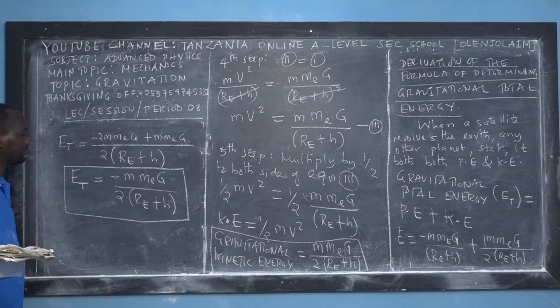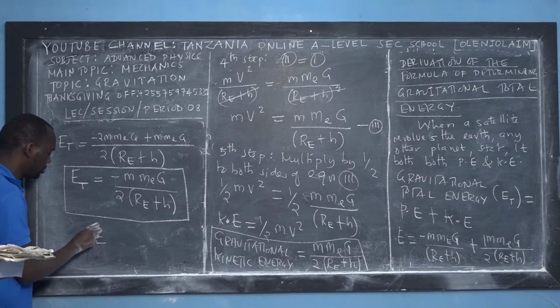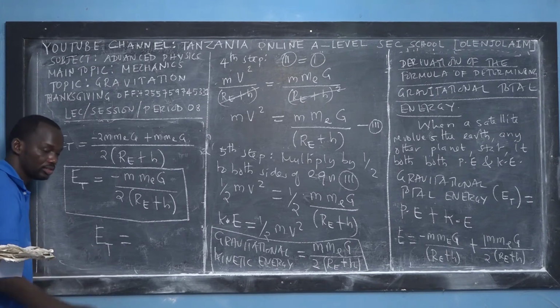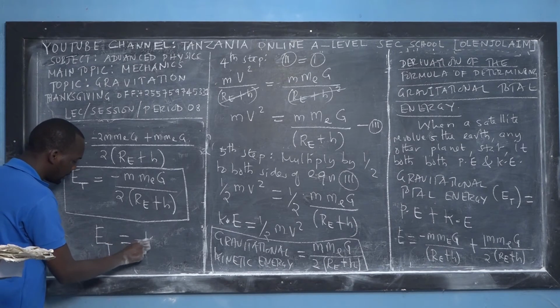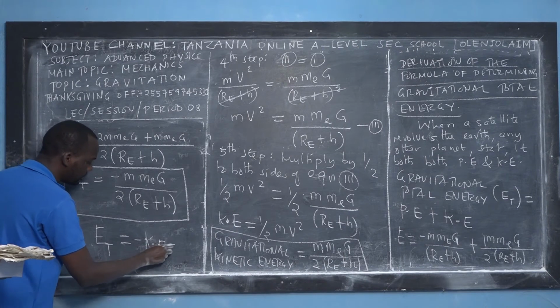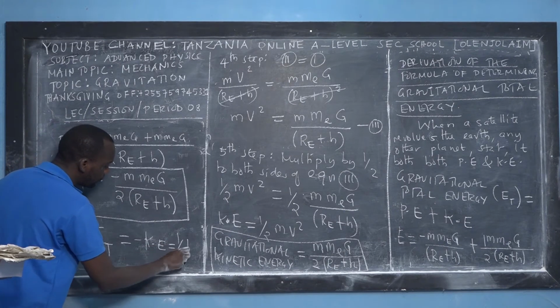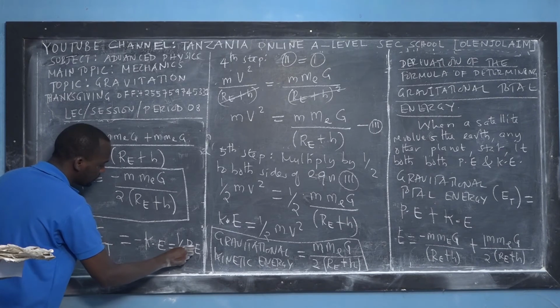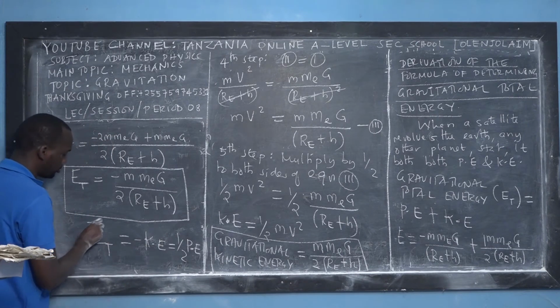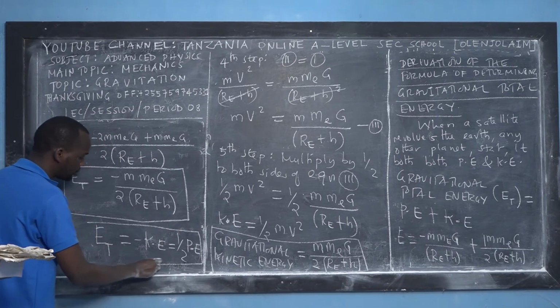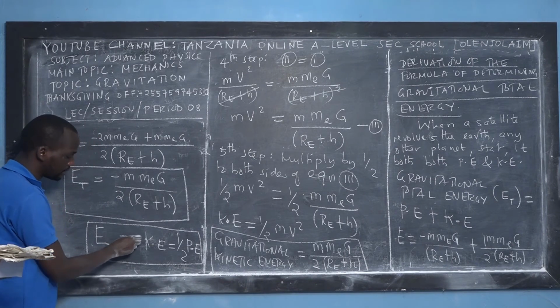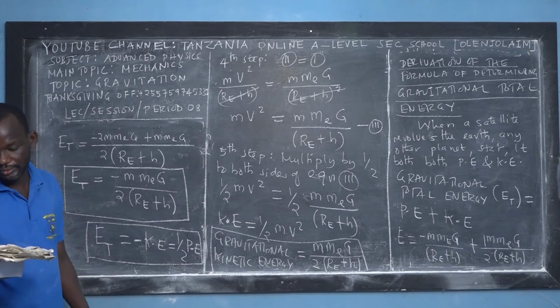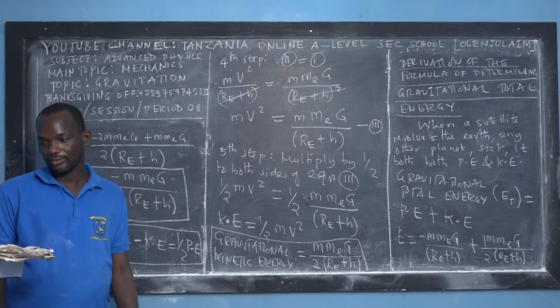What does it signify, or what does it indicate? It means that the total gravitational energy is equal to the negative of the gravitational kinetic energy, and also equal to a half of the potential energy. To get this fact, you have to relate all the 3 formulas. You'll find that this is a fact, this is the truth. Okay?